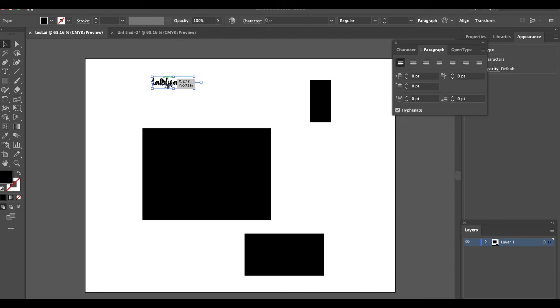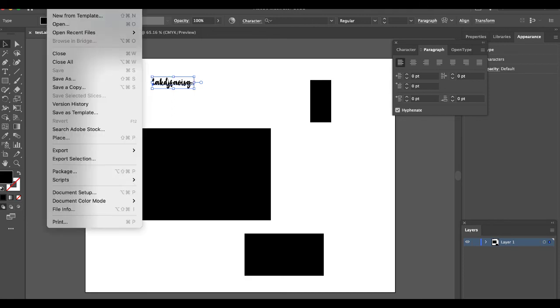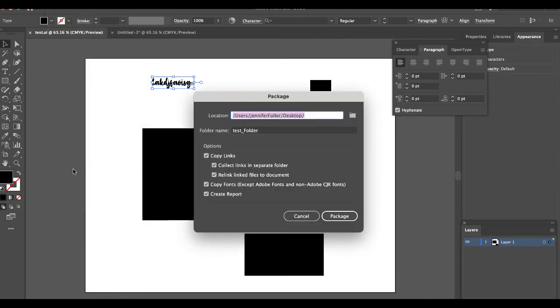Okay? If you needed someone to see your Illustrator file and you wanted them to be able to see your font, you need to do what's called packaging. If we go to File, Package, it'll create a folder. I named this file Test just for the sake of things, so it's calling it Test Folder, but it'll copy the links. If you had any imagery that you brought in and you were just referencing the images, your fonts, and then it creates a report.